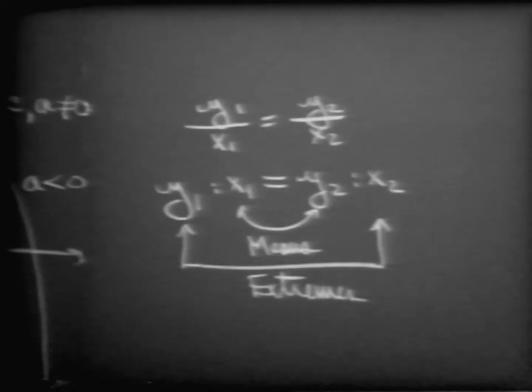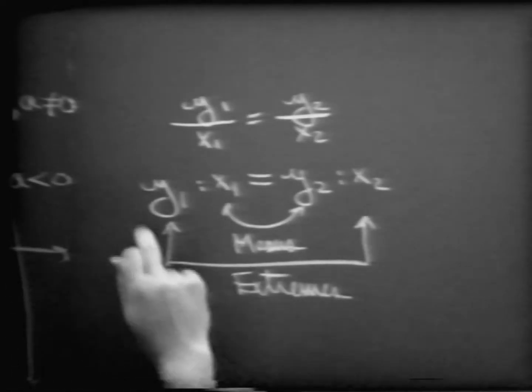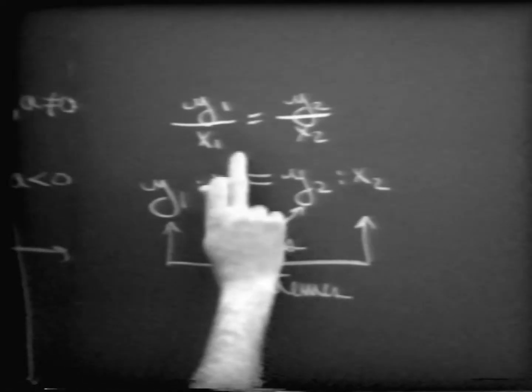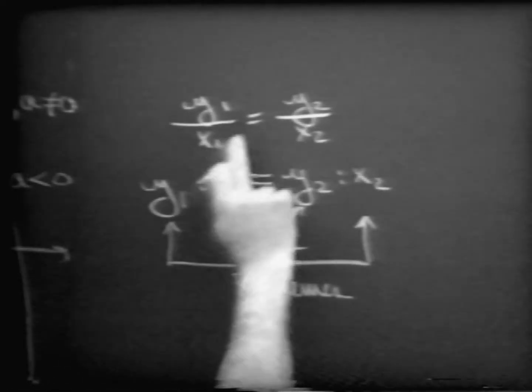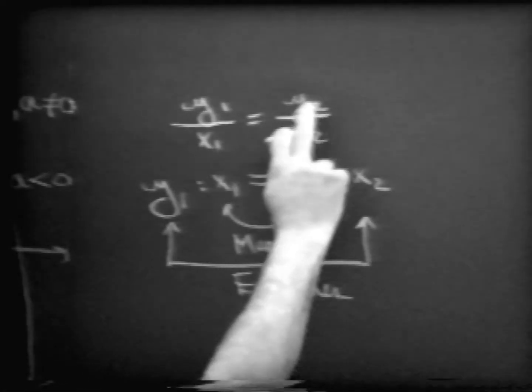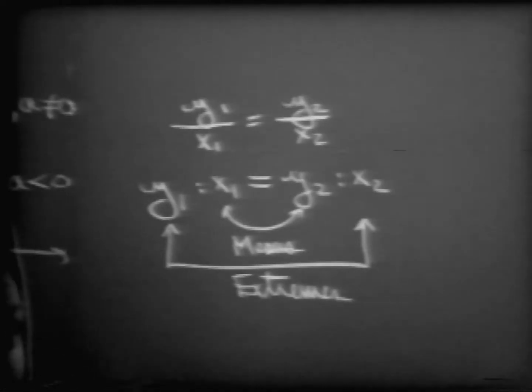And what was that, Todd? The product of the means equals the product of the extremes. All right, the product of the means is equal to the product of the extremes. And if you were to look here at this pattern, which two are these right here? X sub 1 and y sub 2 are called what? Those are the means. The product of the means is equal to the product of the extremes.